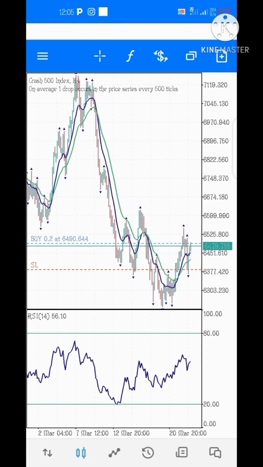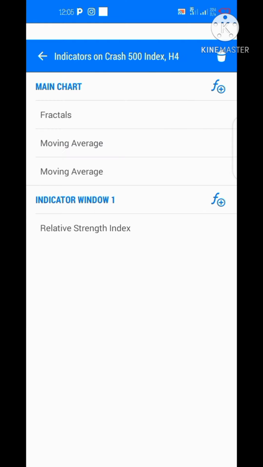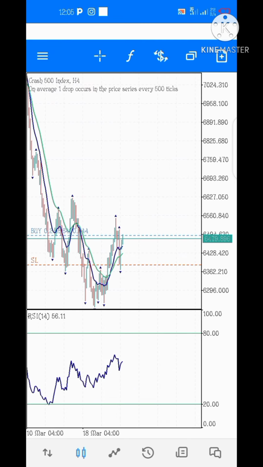Then the fractal. I use it as confirmation, the last confirmation before I enter a trade.